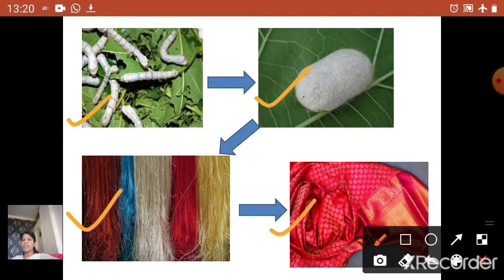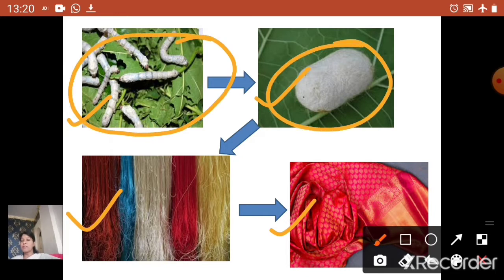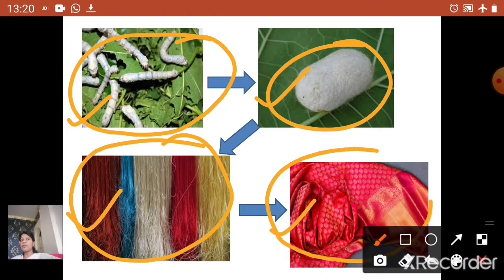And the fourth picture? Yes, it is a silk cloth. Now can you tell me how they are related to each other? Yes, silkworms make cocoons, and from cocoon we get silk threads, and silk threads are used to weave silk cloth.